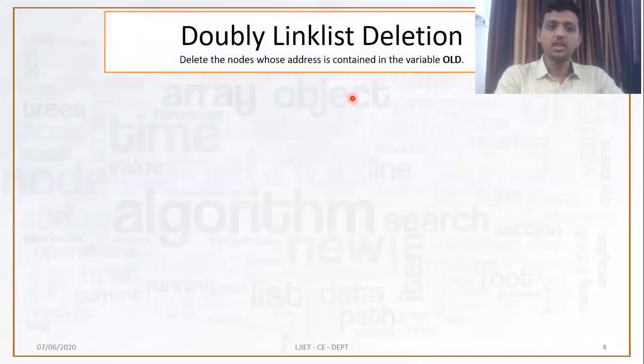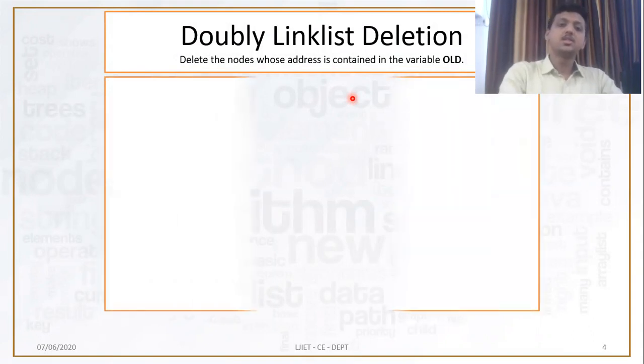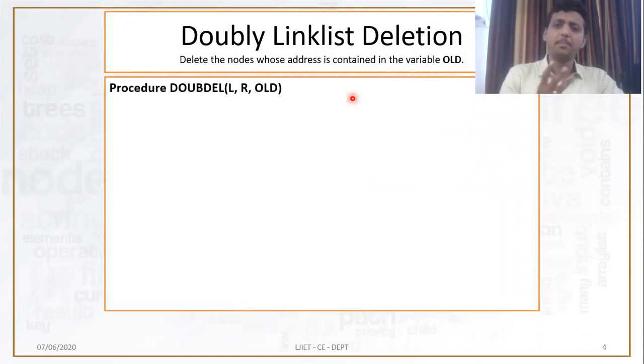The doubly linked list deletion: delete the node whose address is contained in the variable old. Here, students, we have three different parameters. First one is L, which represents the leftmost pointer. R represents the right pointer which points to the rightmost node of the list. And the third one is old.